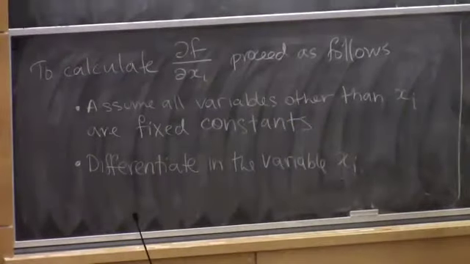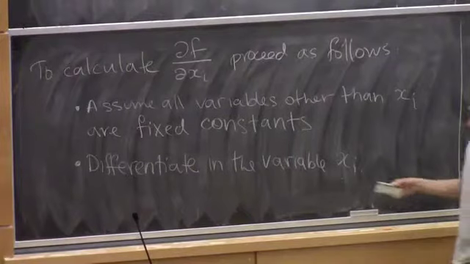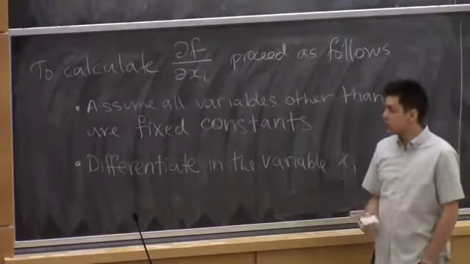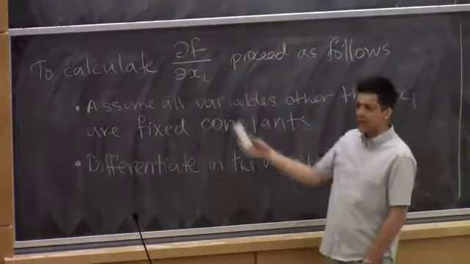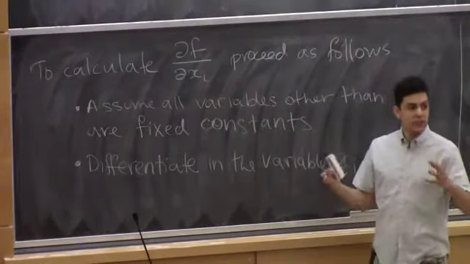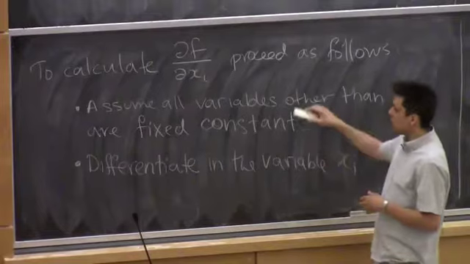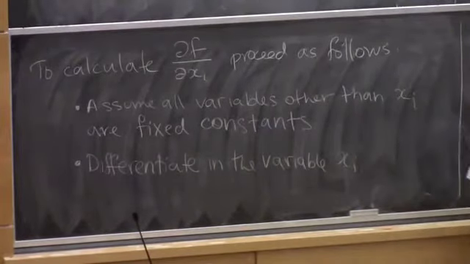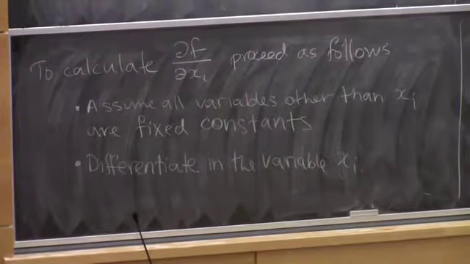Okay, so this agrees with our philosophy of what df/dx_i represents: the rate of change in the variable x_i and only the variable x_i. So all the other ones we assume are constant, and then we look for the rate of change there. So let's see an example of this.